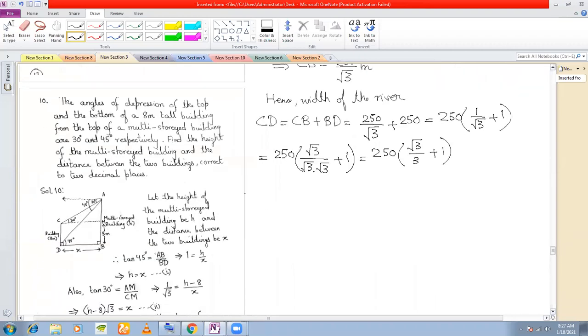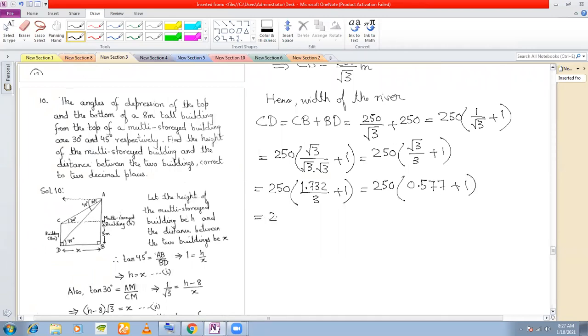Now put the value of root 3. 250, 1.732 divided by 3 plus 1. So this is 250 into 0.577 plus 1.